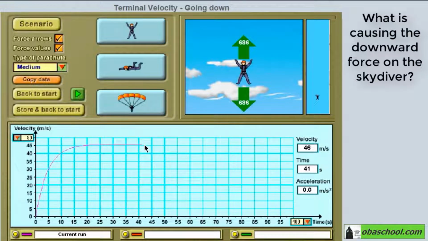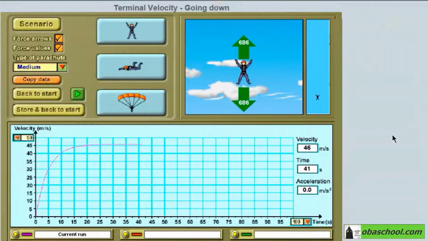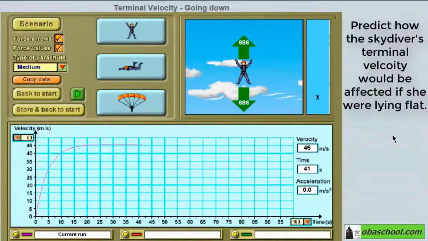What is causing the downward force on the skydiver? Yes, it's the gravity. Predict how the skydiver's terminal velocity would be affected if she were laying flat.